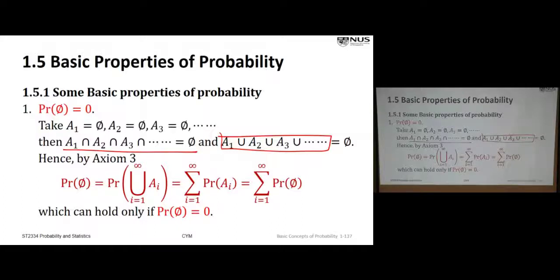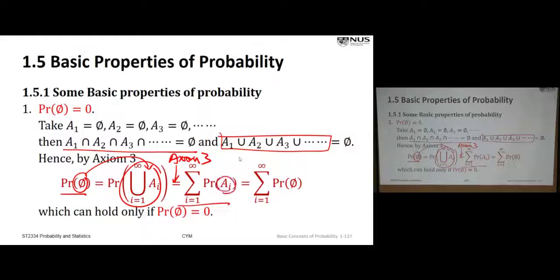Now, here is the magic. We start with the probability of the empty set. We treat it as the union of an infinite number of Ai, because each Ai is equal to the empty set. Then we apply axiom 3, so we get the sum of the probabilities.